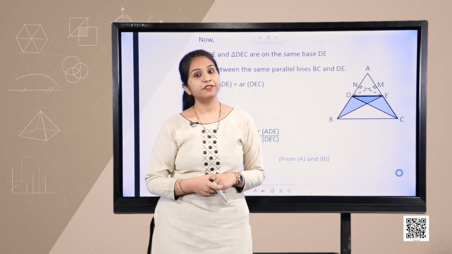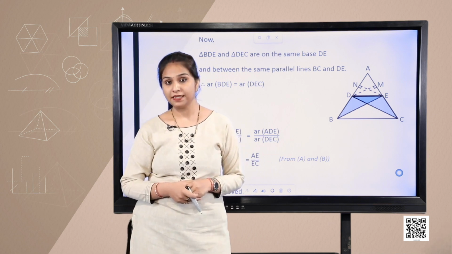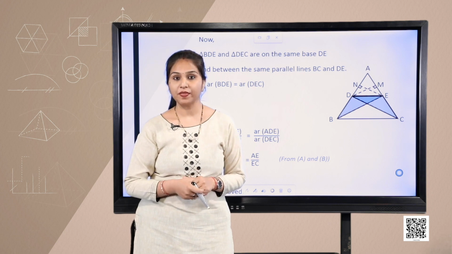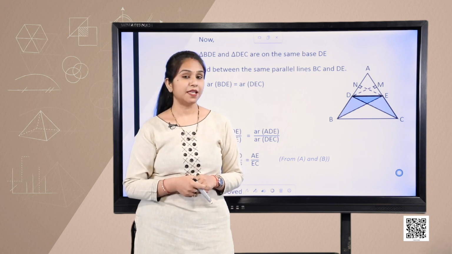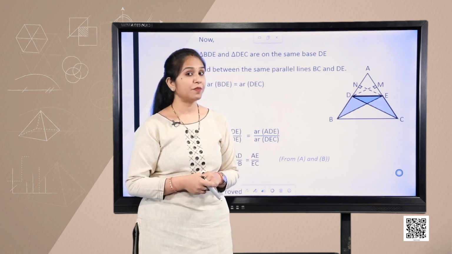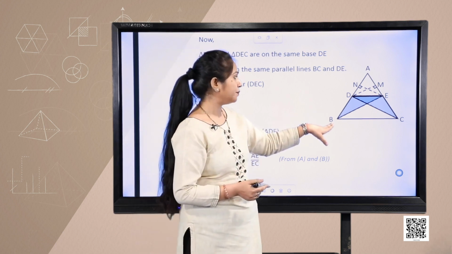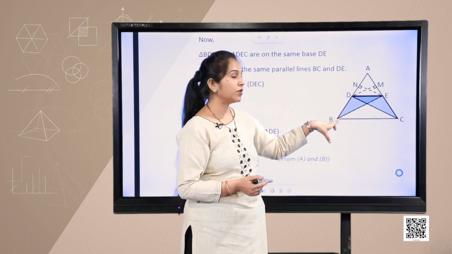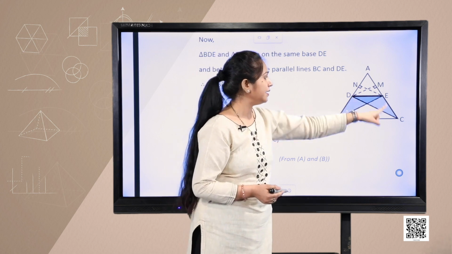We have learned one very important property in class 9, that when two triangles are on the same base and between the same parallel lines, then they are equal in area. So we conclude that the area of triangle BDE is equal to the area of triangle DEC.